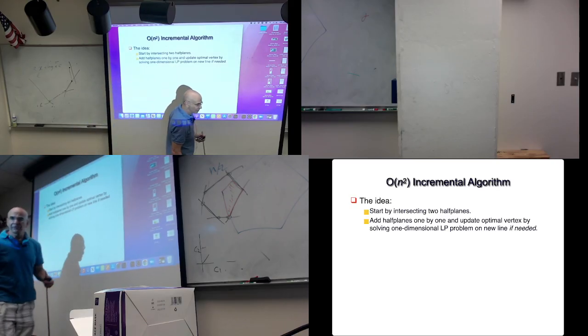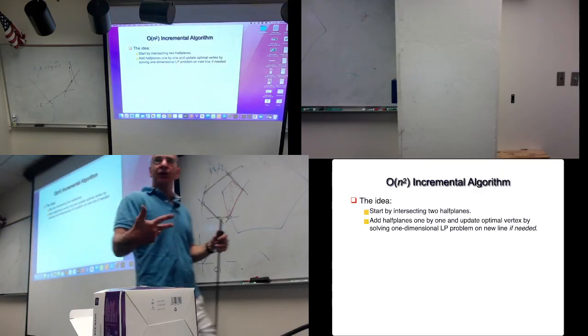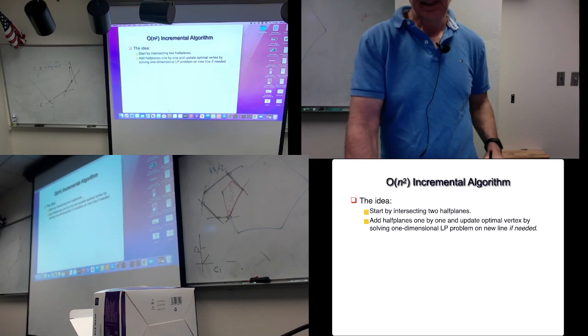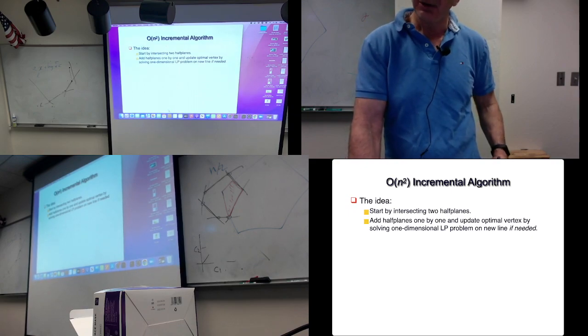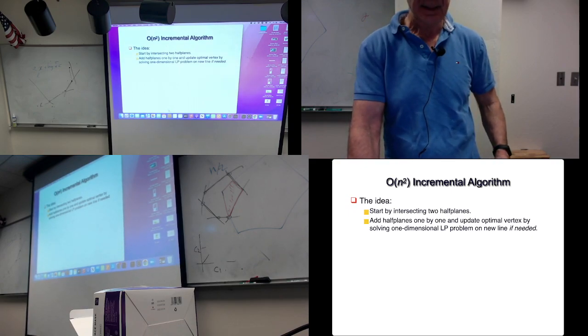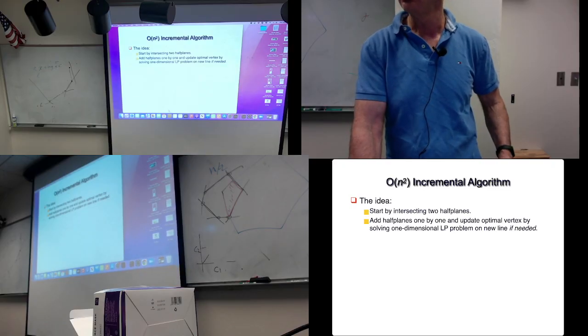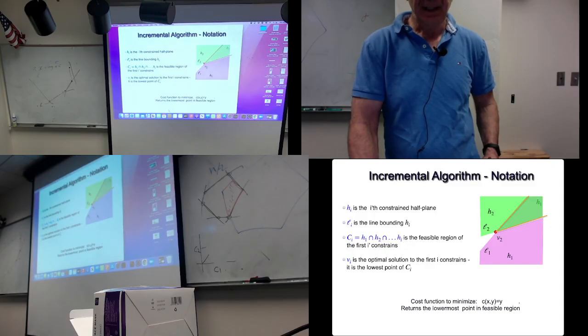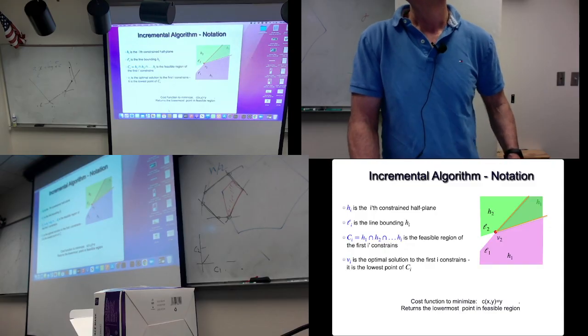If it does, great, I don't need to change it. If it's not broken, don't fix it. If the new half-plane violates the old solution, then I need to do something. I need to fix it somehow. That would be the general idea.